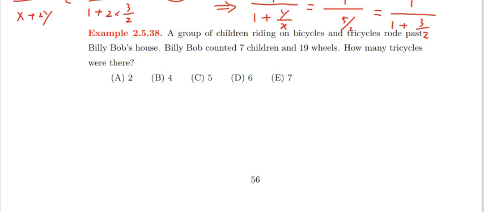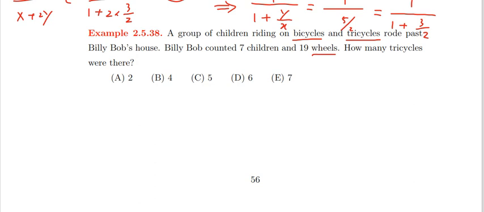So this problem is quite the same as the one we discussed before, how many boards, how many manuals. So here we have bicycles and tricycles. Bicycles have 2 wheels, and tricycles have 3 wheels.